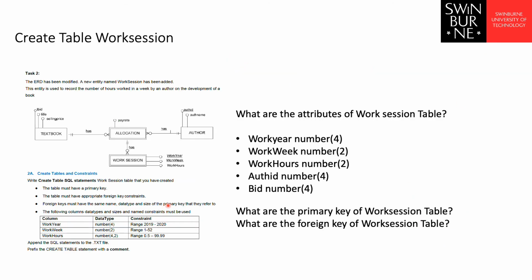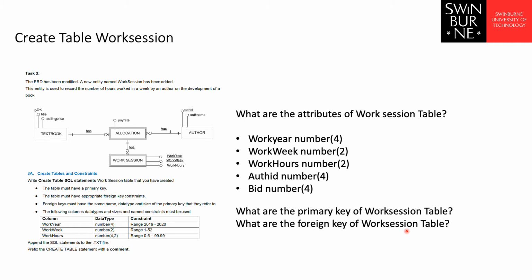So now let's have a look at this task. Task 2B needs us to create a table which is named workstation. And in order to create that table, we first need to answer the following questions, like what are the attributes of the workstation table, and what are the primary key or foreign key of this workstation table.